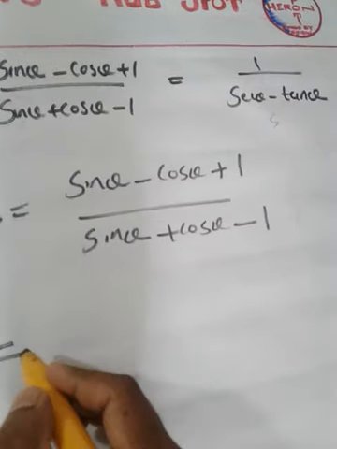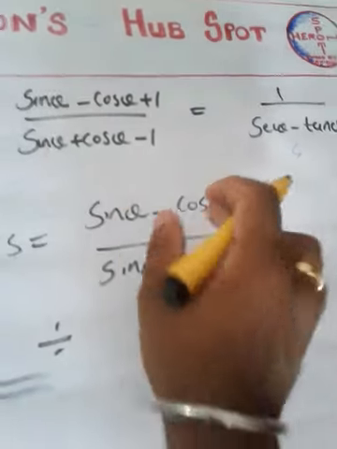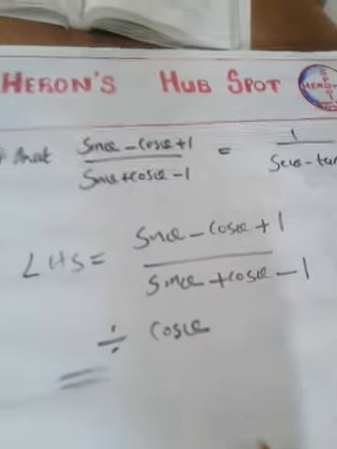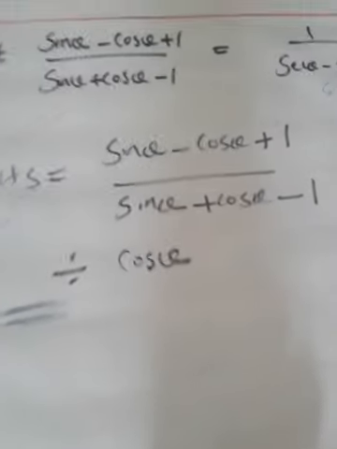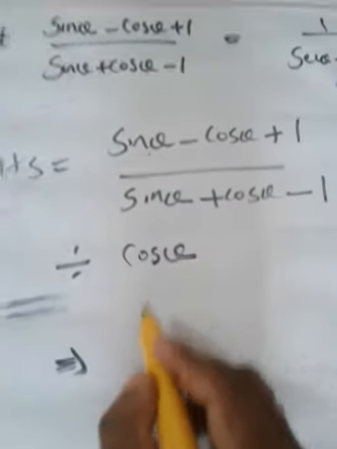So what I am going to do is divide the numerator and denominator completely by cos theta. By which ratio am I going to divide? Cos theta. This sin theta I have to divide by cos theta.